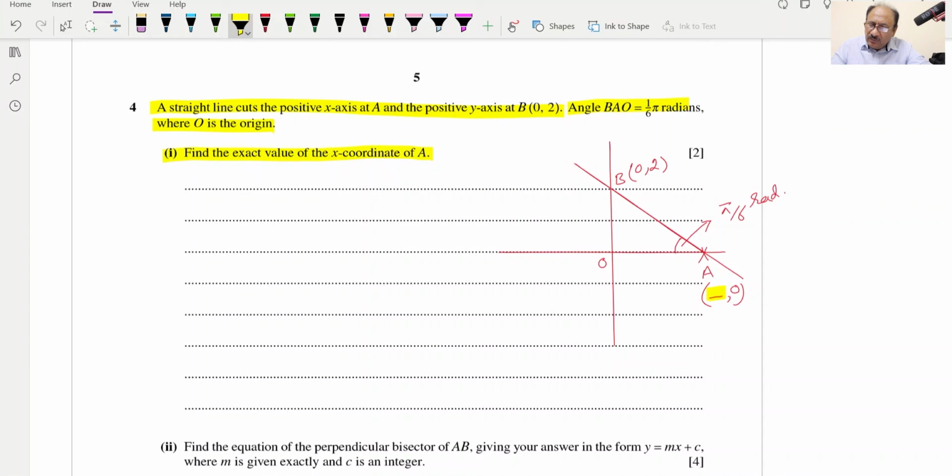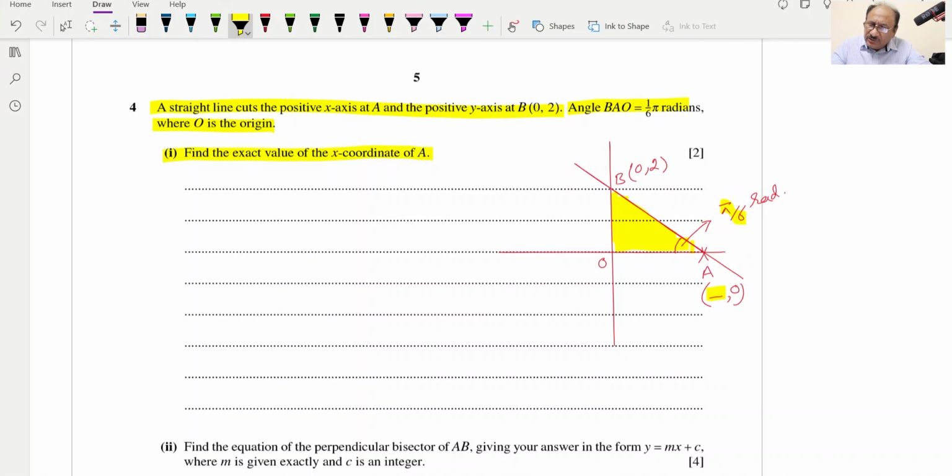We can find the gradient. Basically we have an angle, so in this triangle we can consider tan theta.